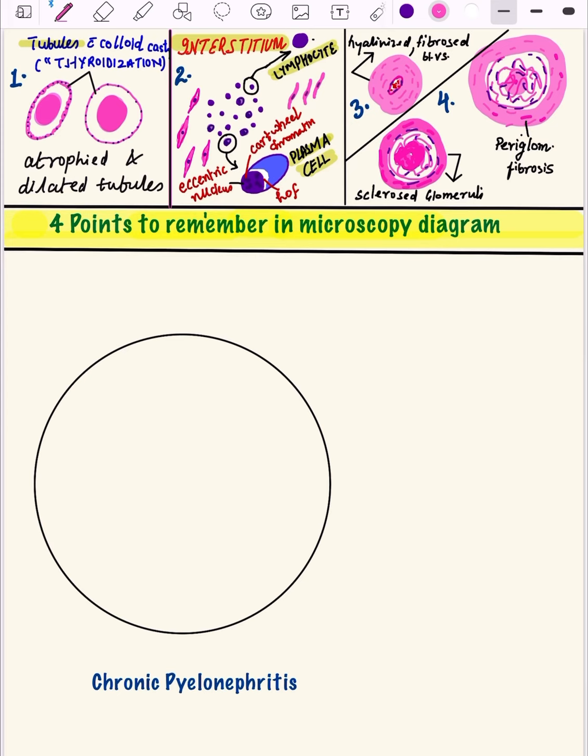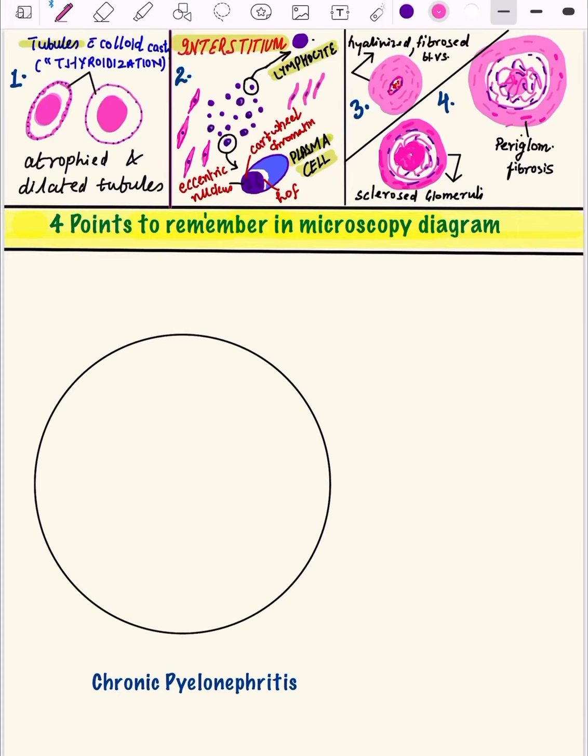And later on, the glomeruli also show sclerosis or fibrosis within. In this image, you can see the sclerosed or fibrosed glomeruli. The mesangium is also showing fibrosis, and this progressively will ultimately lead to renal insufficiency. So these are the four things that you have to make in the diagram of chronic pyelonephritis.